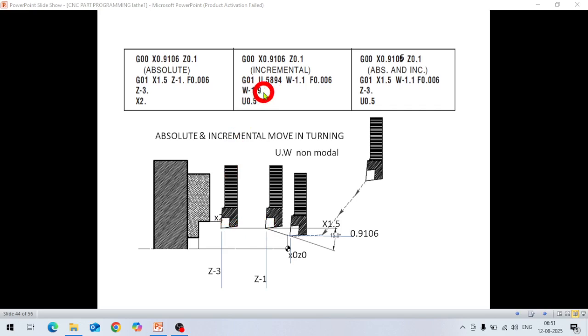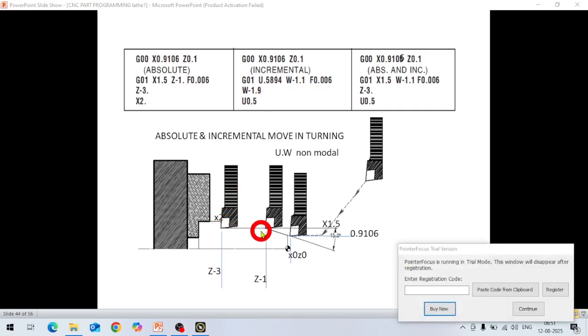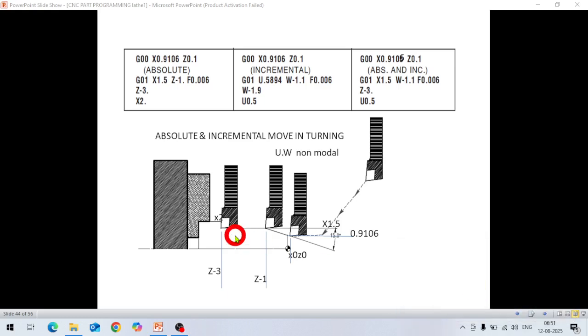And then in the next move, U 0.5. In the x-axis it will move 0.5 inches only, because here this dimension is 1.5 and this is 2. So 2 minus 1.5 becomes 0.5. So the difference is 0.5. This way it will move in incremental mode. U is incremental mode in the x-axis and W is in the z-axis. So this was incremental mode.